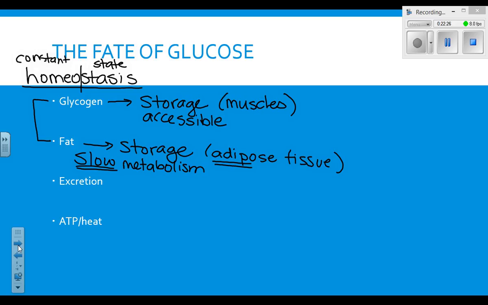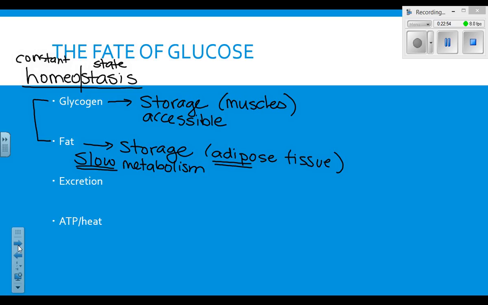If there's too much, your body doesn't leave glucose in your blood, it stores it. The way that this is regulated is typically insulin and glucagon. Most of you would be familiar with insulin. People who are diabetic often have to take insulin shots to regulate this. But glucose goes into storage because your body is trying to keep a constant state. There's too much in the blood, so some of it has to go into storage.